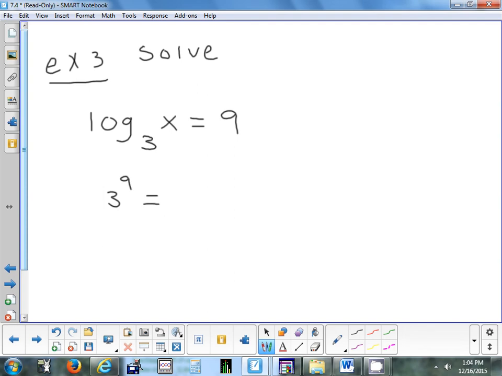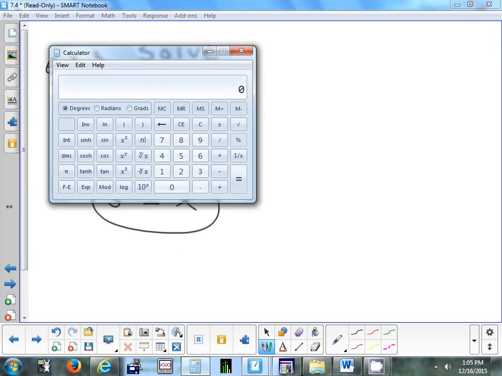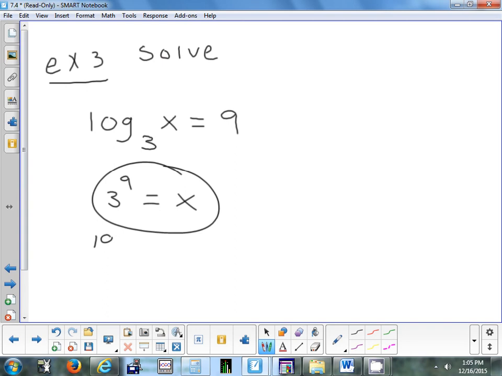Equals x. That's it. If this number is small enough, we can do it out. 3 to the 9th, it's pretty big, but it's not huge. So it's 19,683.